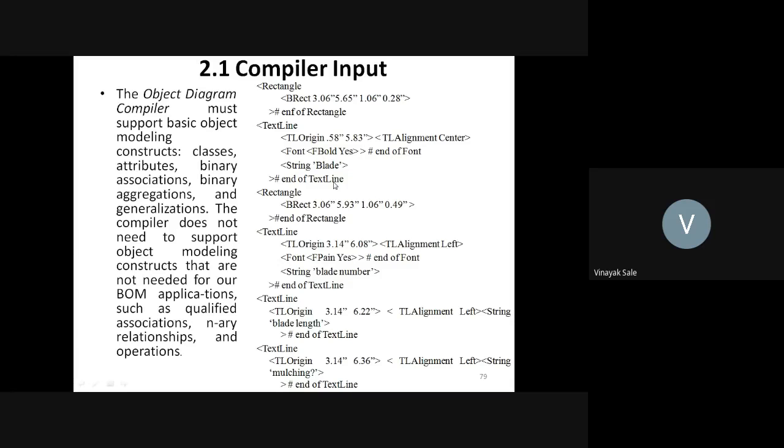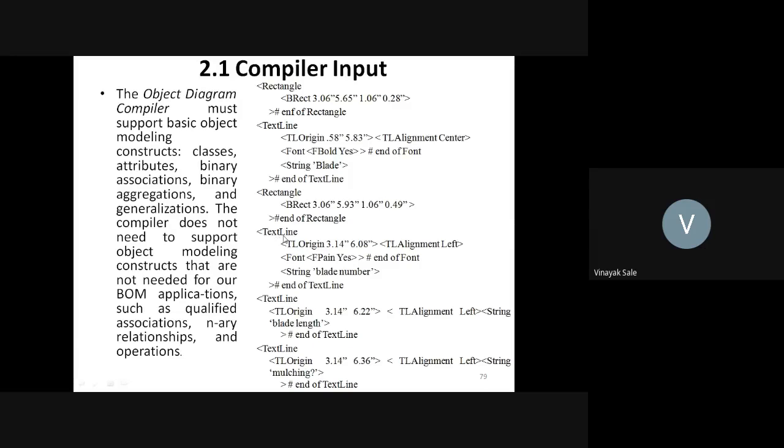Then we have taken the next class, again rectangle, which has different properties: 3.06 as previous, 5.93 new, 1.06 again previous, then 0.49 new, then end of rectangle class. Next is a new text line.